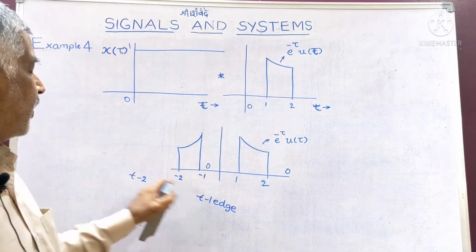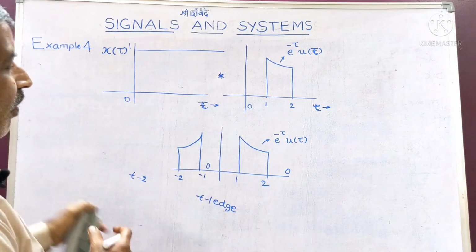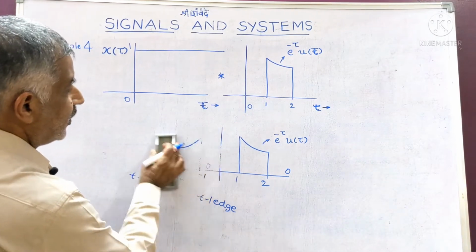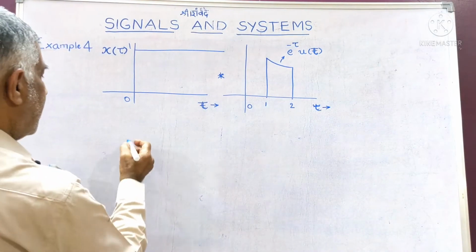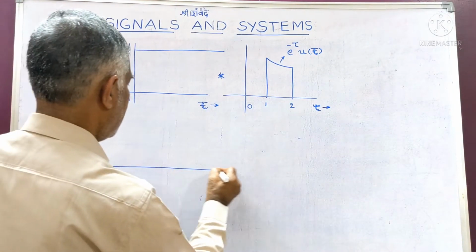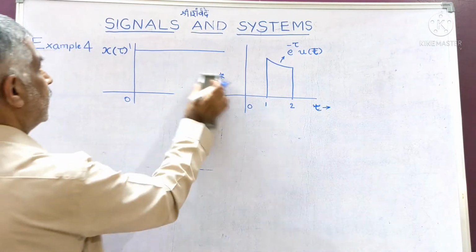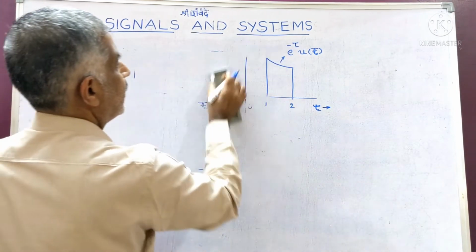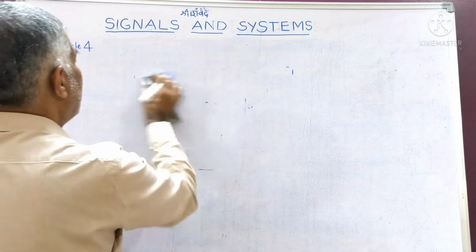That is why it becomes t minus 1 and t minus 2. For a long distance you push it. Now here I will redraw this because I have to carry out the graphical convolution integral.